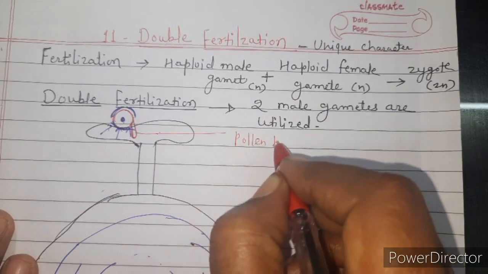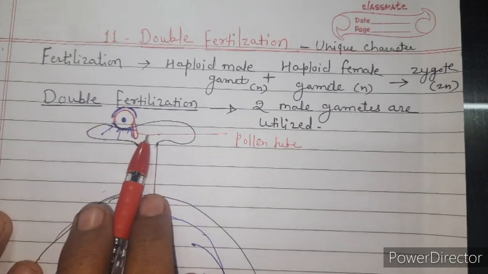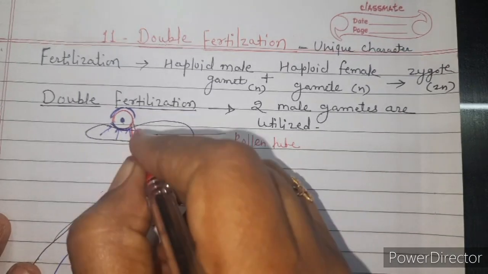Now, this pollen tube pierces the stigma and slowly enters the style like this.